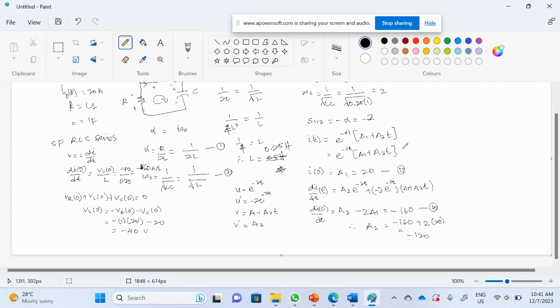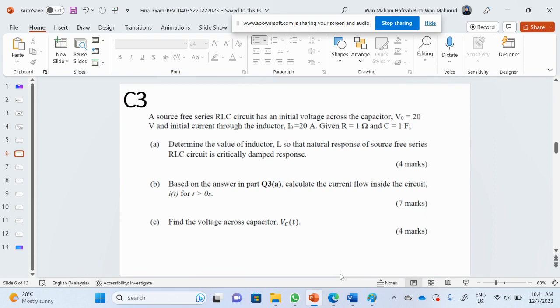So, definitely, salin je terus balik. i(t) sama dengan exponential negative 2t, (A1 is 20, A2 is negative 120 t). Okay, unit ampere. So, kita dah menjawab soalan tak? Okay, kita dah cari current.